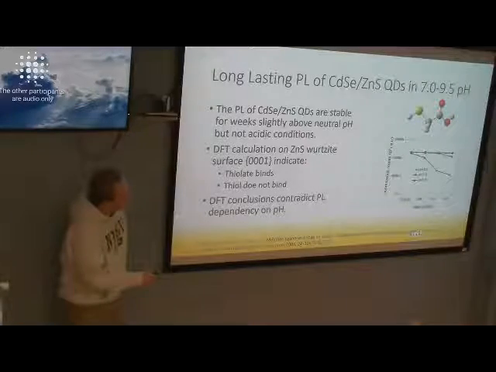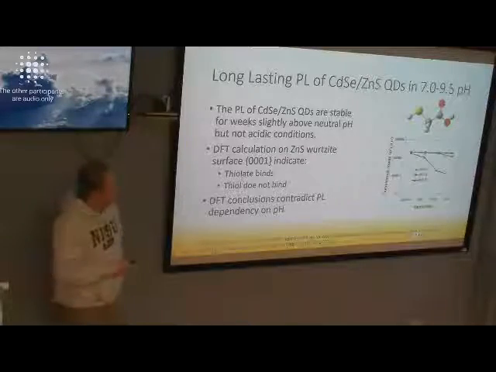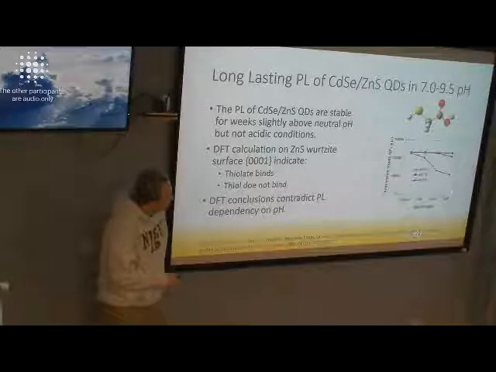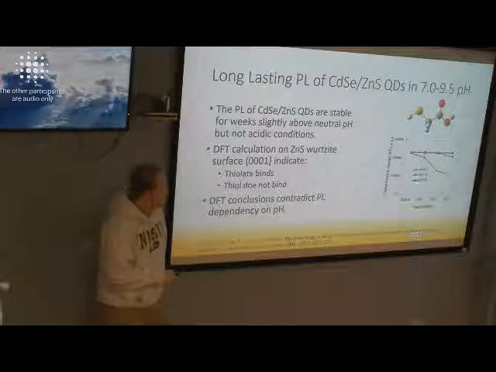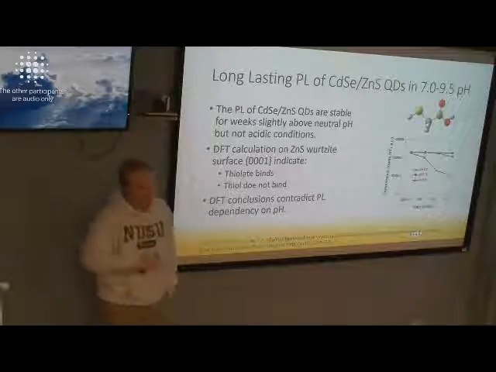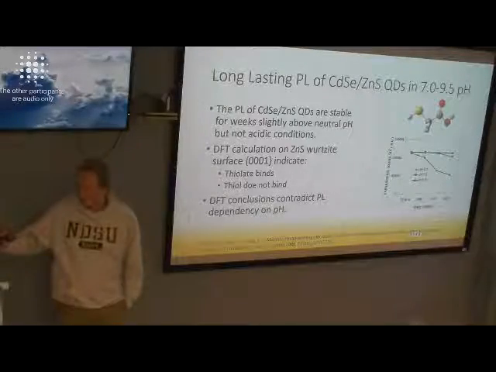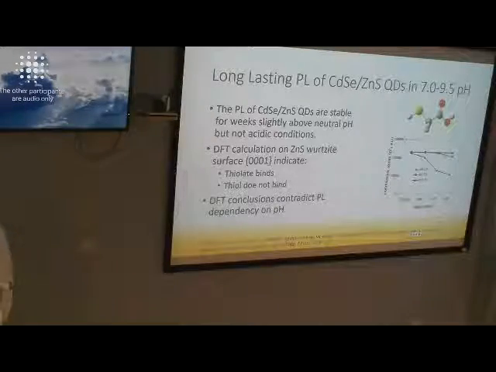But we see that if we're around the pKa, it is highly stable up to 3 weeks. If we start to go lower in pH, then it starts to die, and if we go really low, it rapidly decays. That could be a host of things, which I don't know. But it looks like a pH around the pKa is stable.